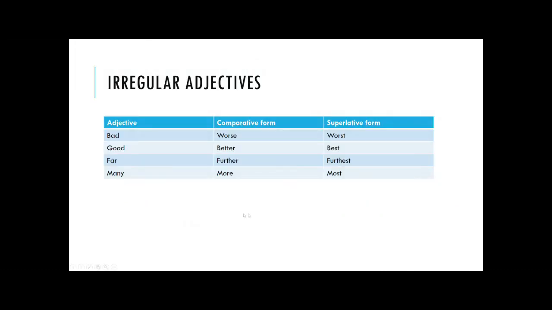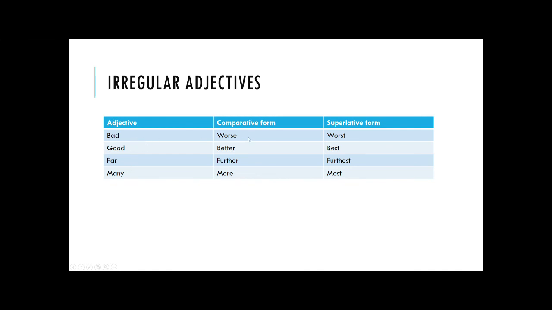Also, for comparatives and superlatives, there are some of them that are irregular, okay? In this case, bad, good, far, and many. Those are adjectives that are irregular, okay?